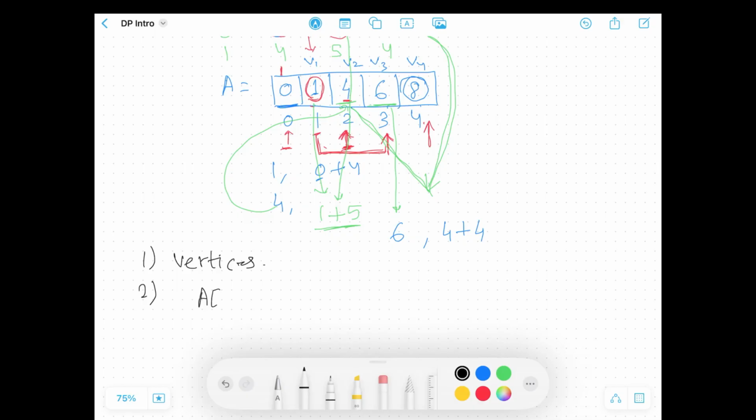initially at index 0 of the array we put 0, at first index we put the value at vertex 1.